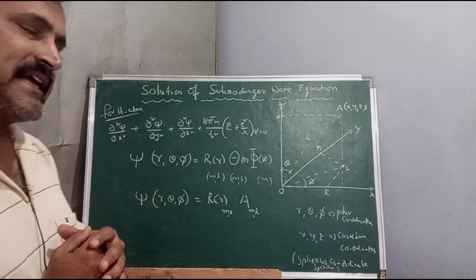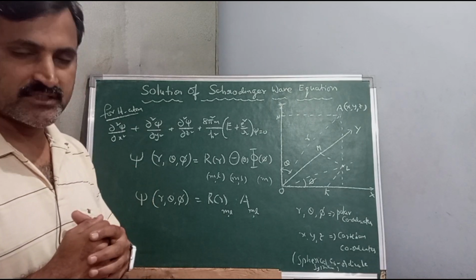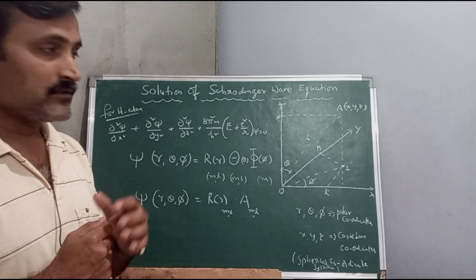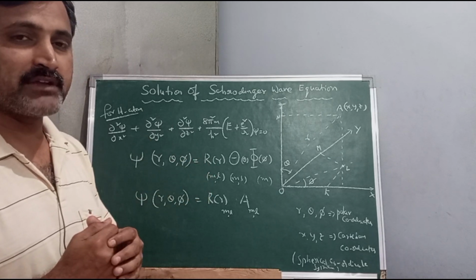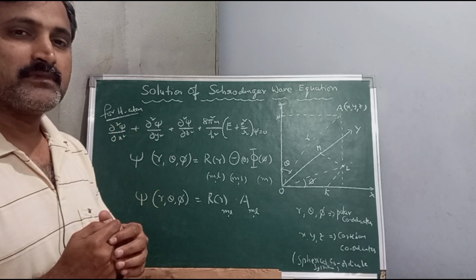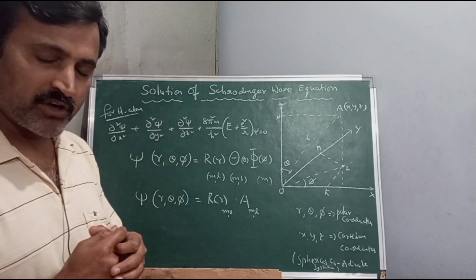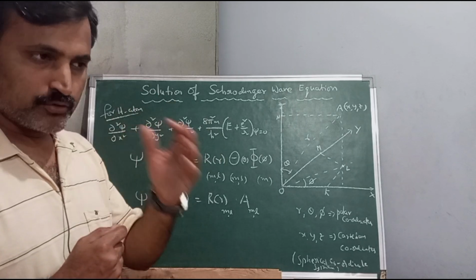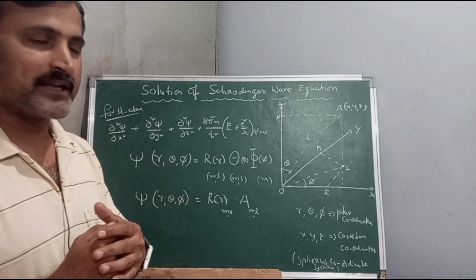The second important significance of the Schrodinger's wave equation is that for the hydrogen atom, the solution of the Schrodinger wave equation gives the calculated value of the energy, which we discussed in the Bohr concept: the energy is 2 pi square m e power 4 into k square by n square h square.